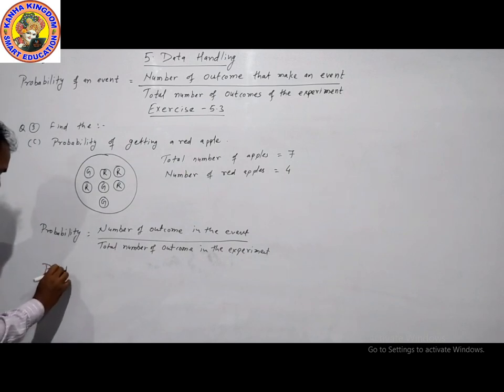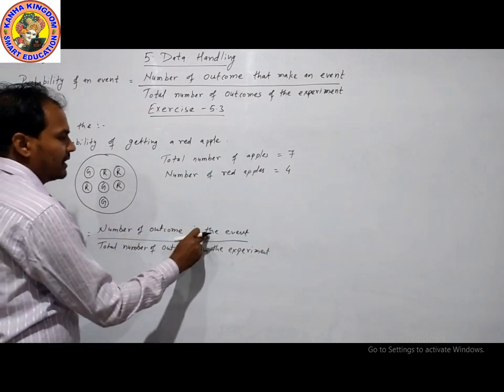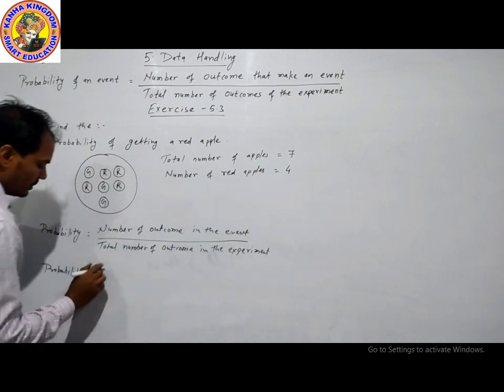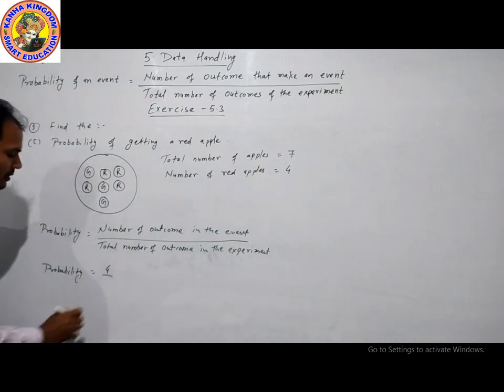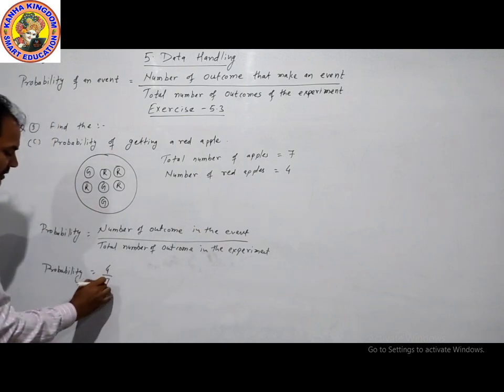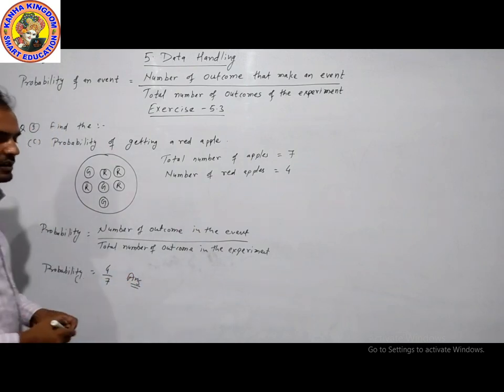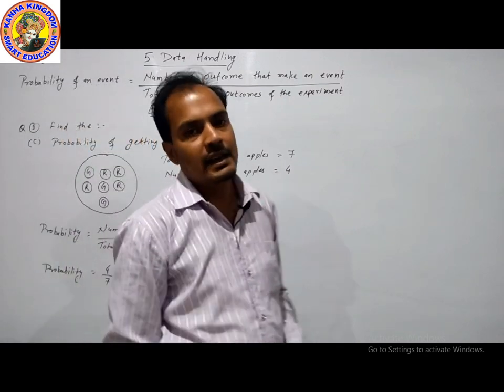Putting the value. The event is a red apple coming, so the number of outcomes in the event is 4. The total number of outcomes is 7. So 4 upon 7 is our answer. You can take a screenshot of this.